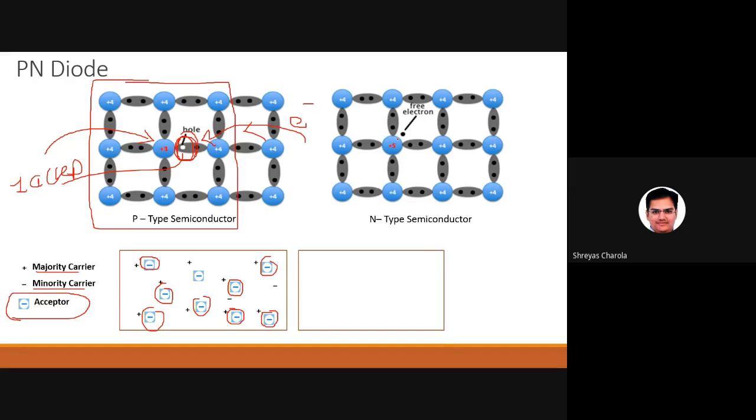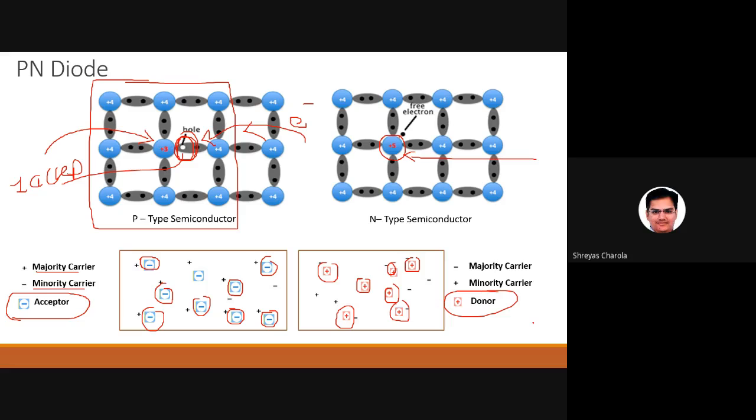When you add a pentavalent impurity, let's suppose phosphorus, during the addition of phosphorus, it will generate millions of donor ions. That means we have the majority as electrons, minority as holes, and one more we call the donor. Okay, these are the donors. Look at the slides, and if anyone has a doubt, you can ask.